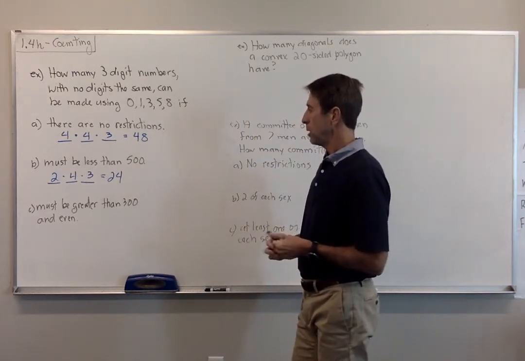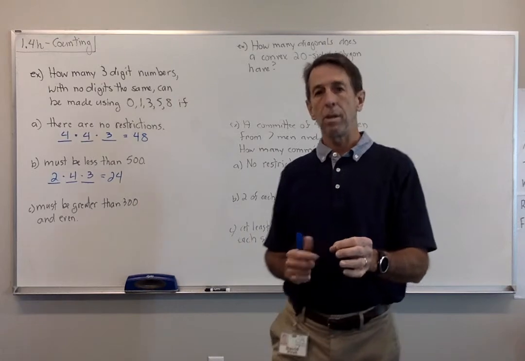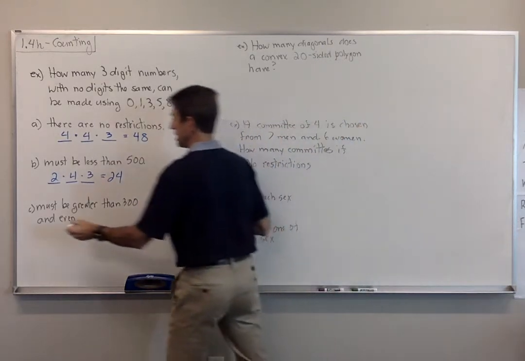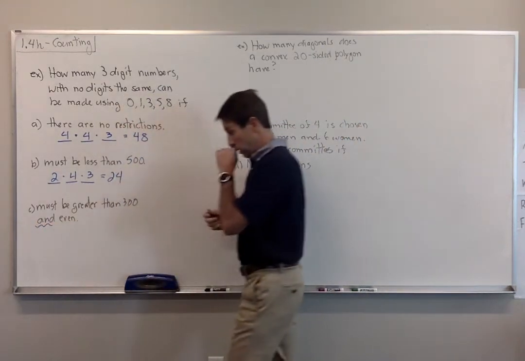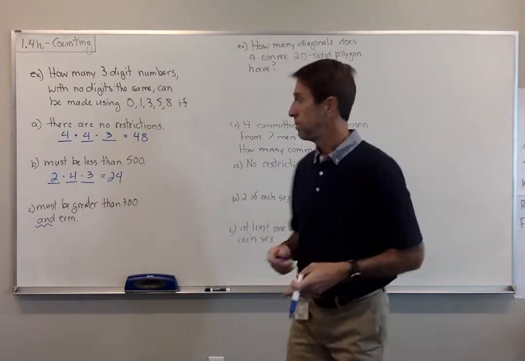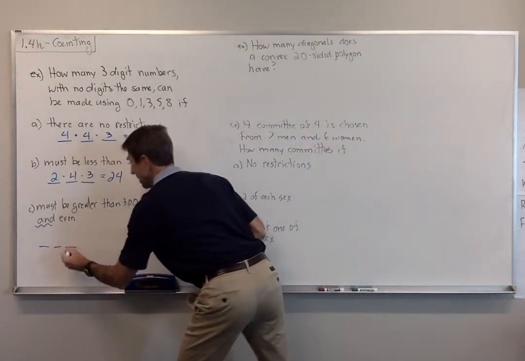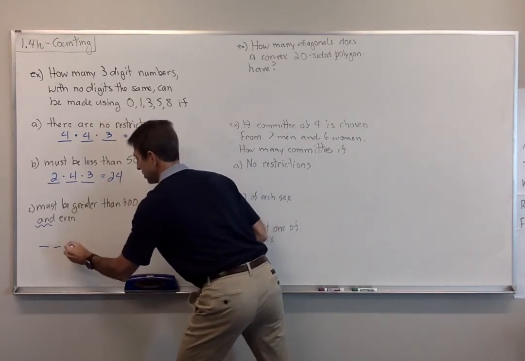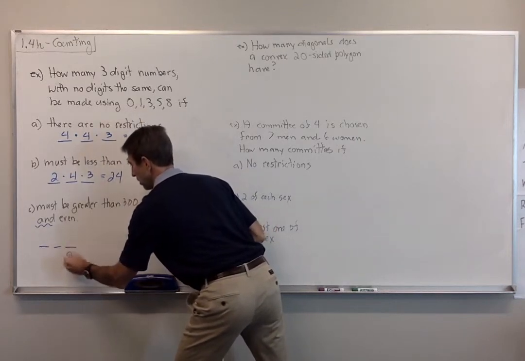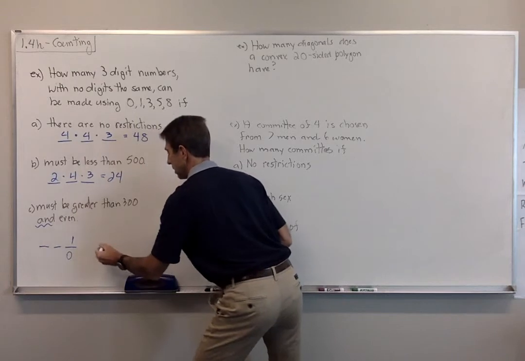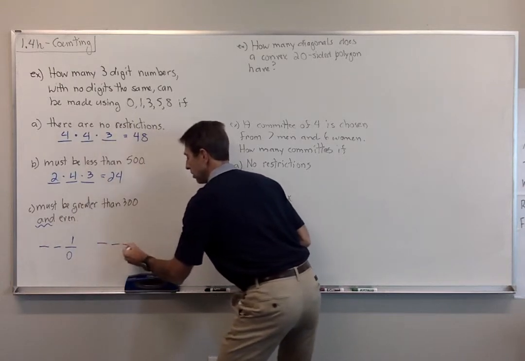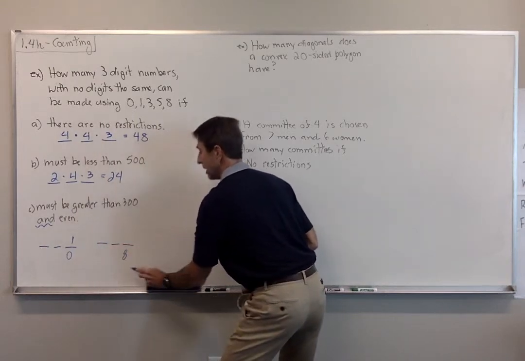The next must be greater than 300 and even. Now, because there are 2 conditions here, we're going to use cases. Because it's even, one case could be that the last digit is a 0. So there's only one way to do that. The other case could be that the last digit is an 8.